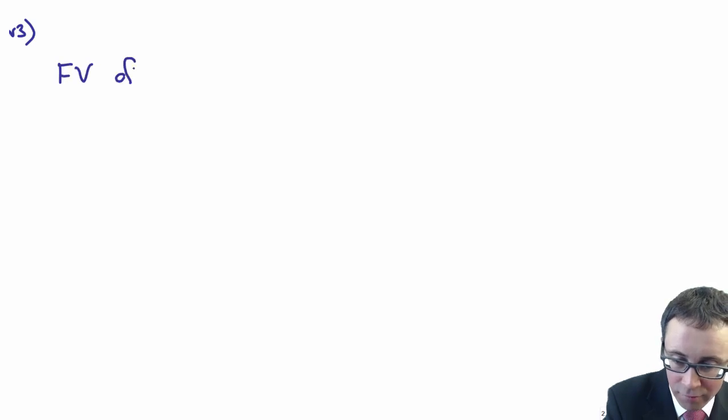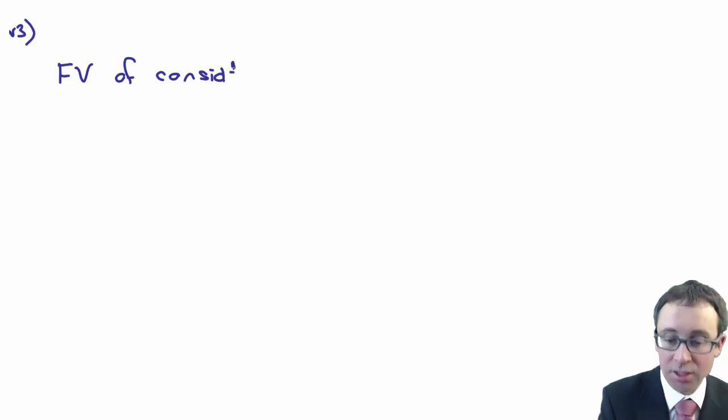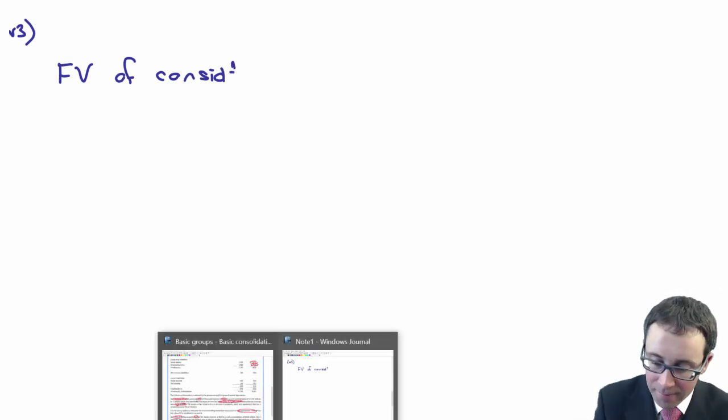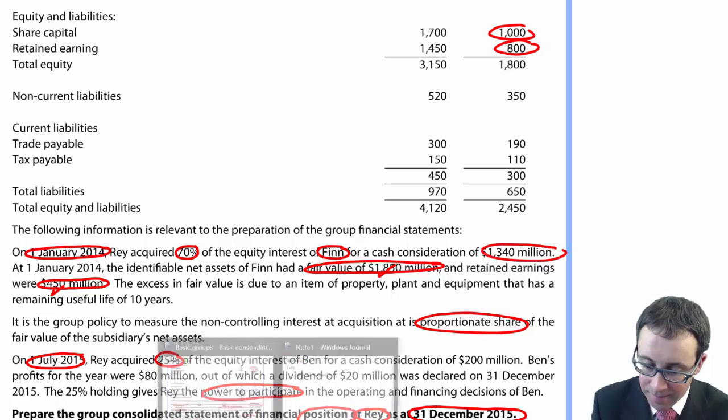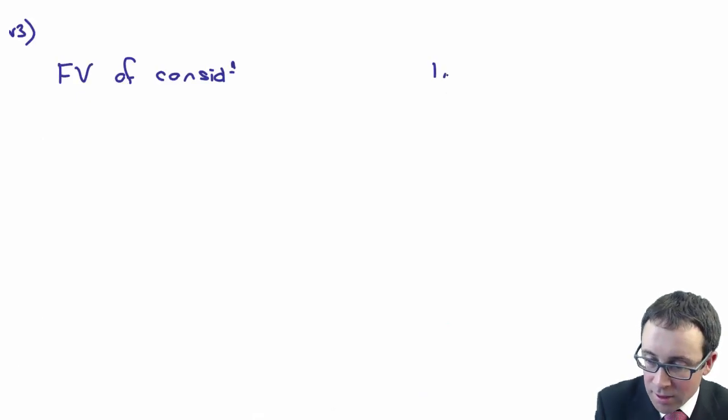What we then got is working number 3. So working number 3, isn't it, is to go through that and to have a look at the fair value of the consideration. So what did we pay? We paid, is it the 1,340? Okay. So we've paid 1,340.